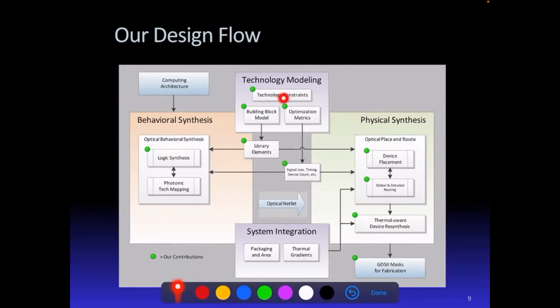The technology and constraints are coming from the foundry. Foundries give us pre-designed blocks such as switches, routing switching devices, resonators and waveguides to build interconnects. So we build algorithms to do synthesis and place and route.